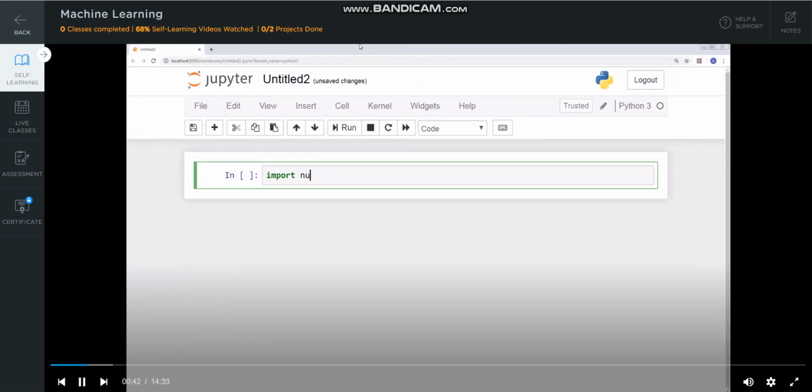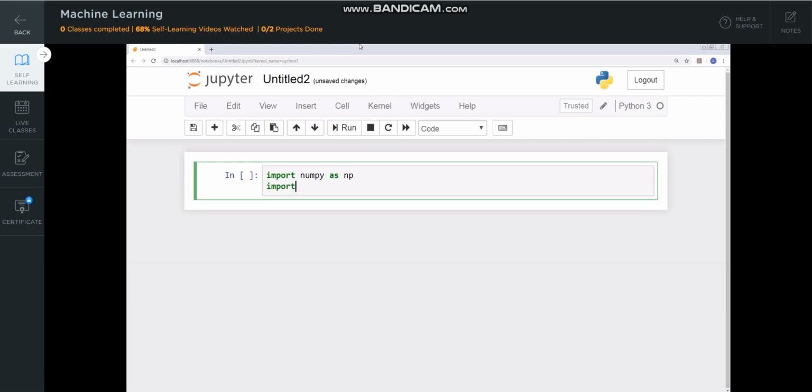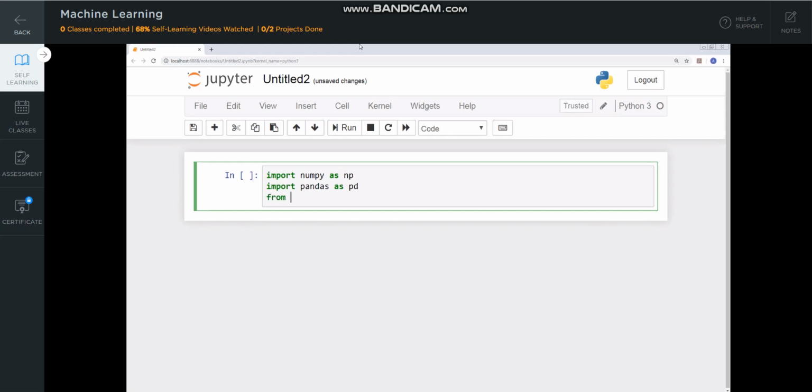Let us import the required libraries and load the dataset in a Pandas data frame. Importing NumPy: import numpy as np. Importing Pandas: import pandas as pd. From datetime, import datetime as dt.